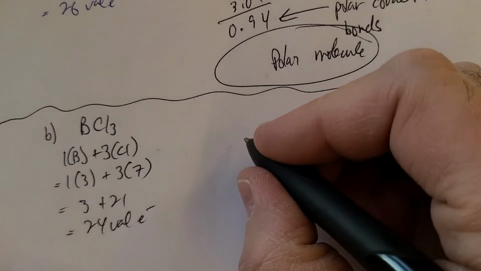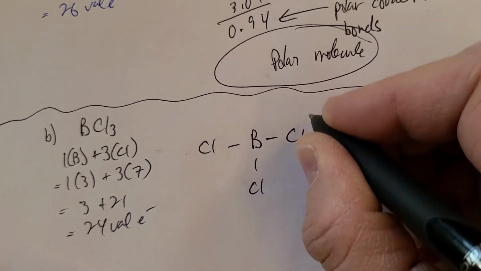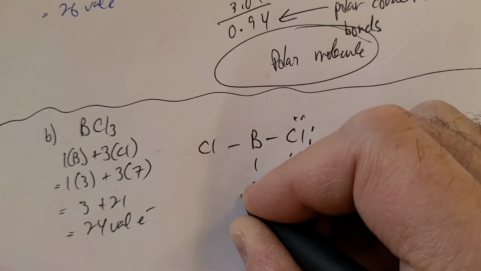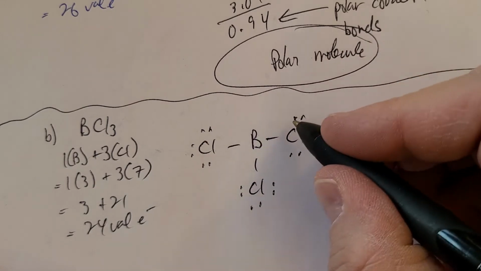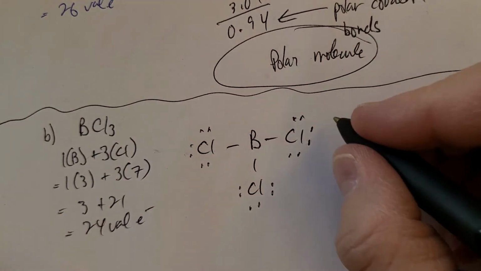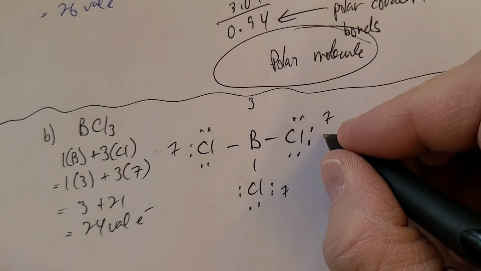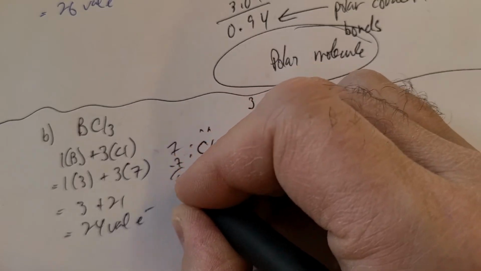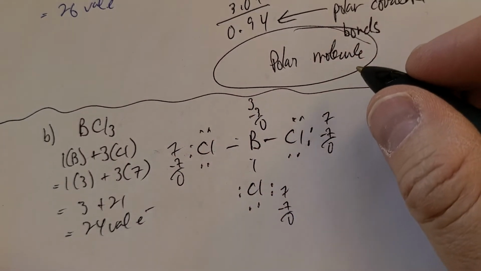All right, so boron, chlorine, chlorine, chlorine. Put these all in. The outer electrons go on the outer atoms. 8 times 3 is 24, so we're good. And if we do the formal charge calculation, there's 7 there, so we're good here, good here, good here. Boron is 1, 2, 3. We're good. So that's the structure right there.